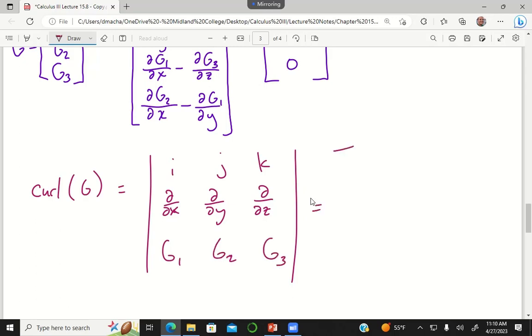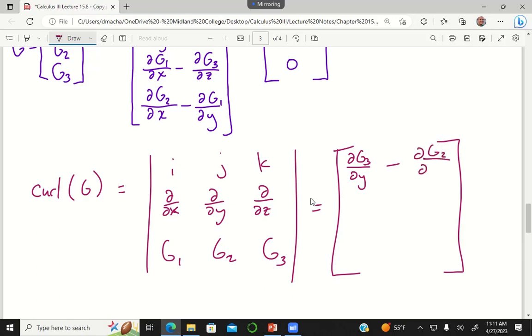And so this again is a 3D vector where the first entry is going to be partial of G3 with respect to y minus the partial of G2 with respect to z. And then the second entry is going to be minus j, right? So minus j, and then the partial of G3 with respect to x.